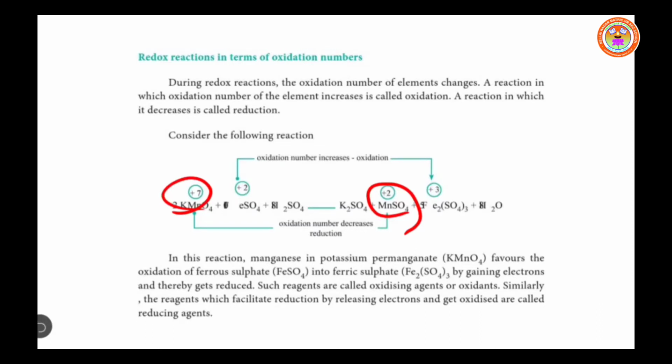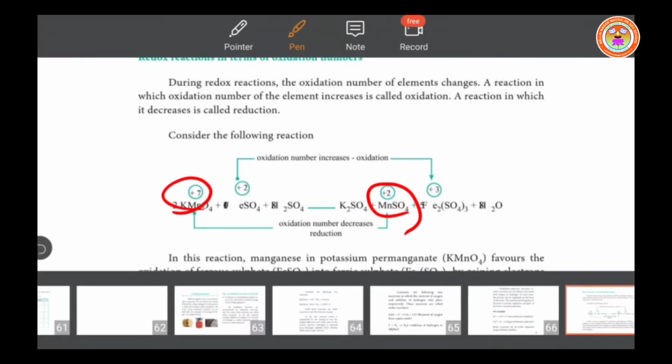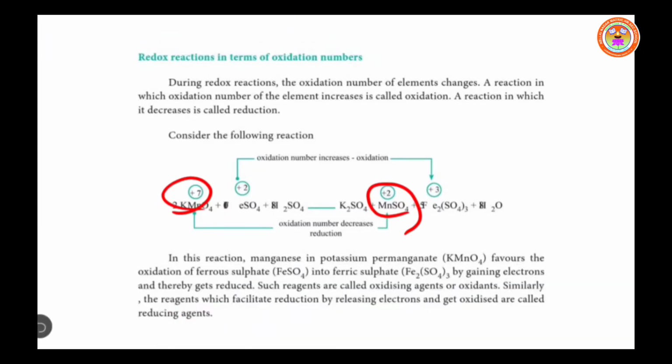KMnO4 is undergoing reduction and is reduced to manganese sulfate. Here the oxidation number decreases, so it is a reduction reaction. So both reduction and oxidation reactions take place simultaneously. Here potassium permanganate functions as an oxidizing agent.